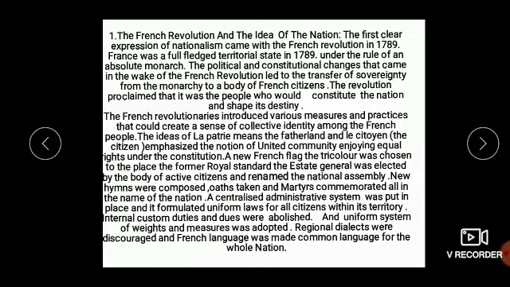Internal customs duties and dues were abolished, and a uniform system of weights and measures was adopted. Regional dialects were discouraged, and French was made the common language for the whole nation.